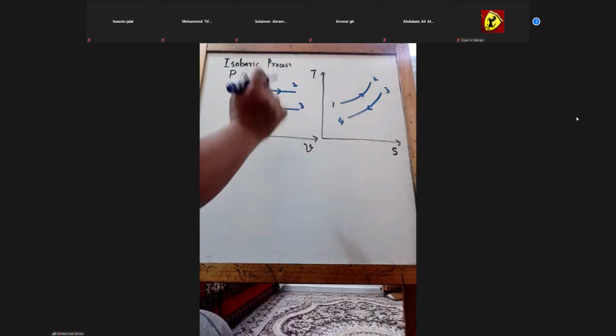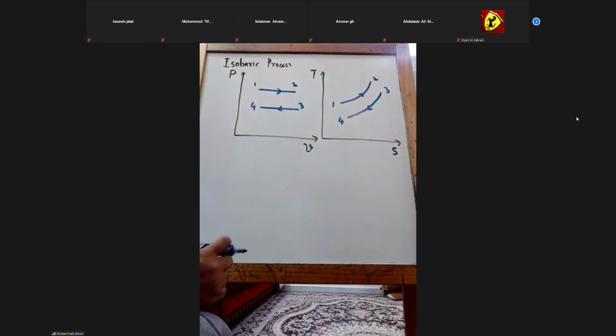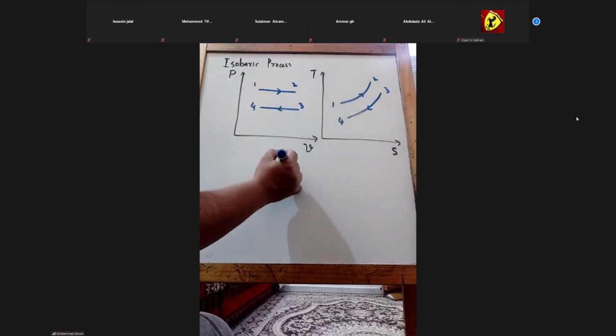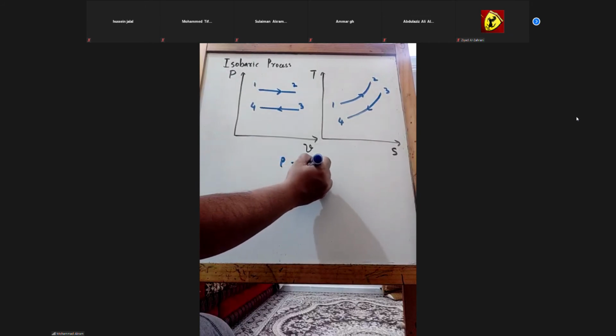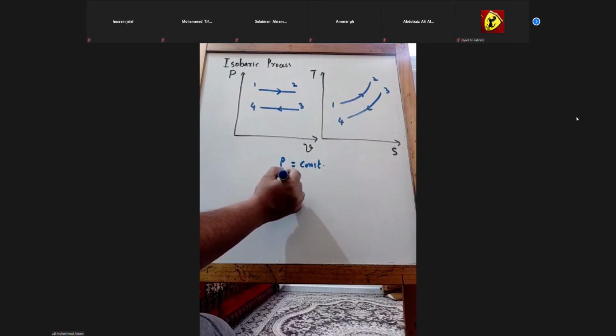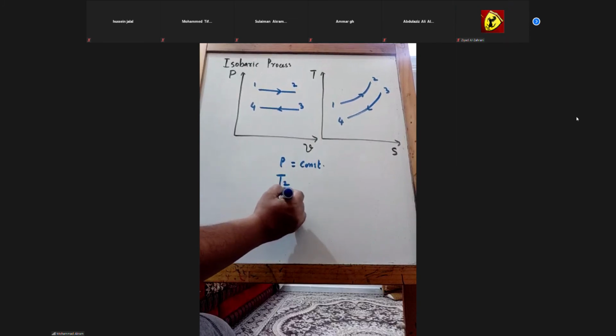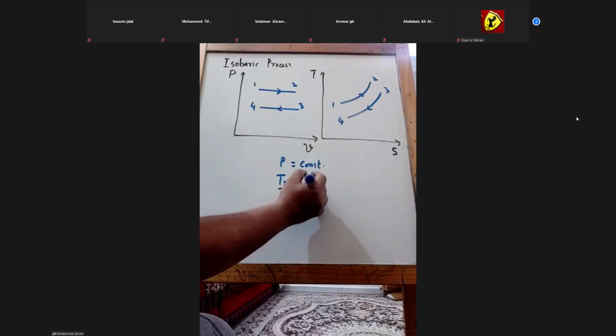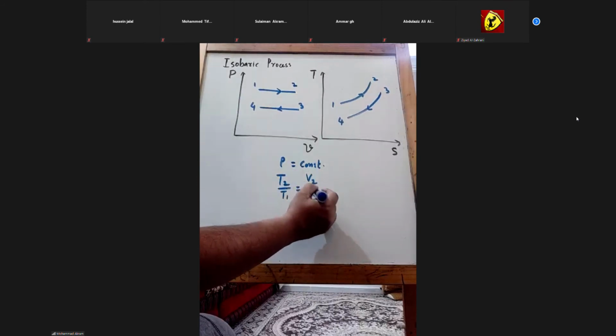Okay. So this is the isobaric process. For this, pressure is constant, or we can write that T2 by T1 equals V2 by V1.